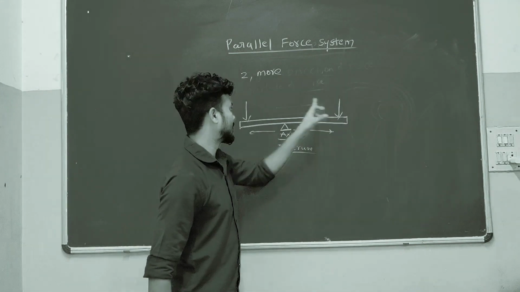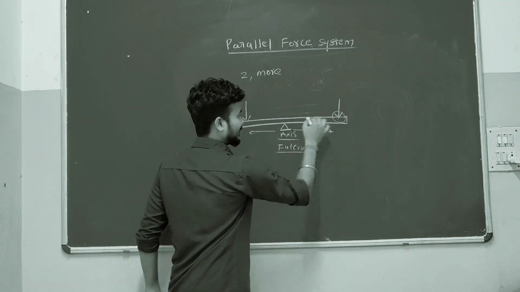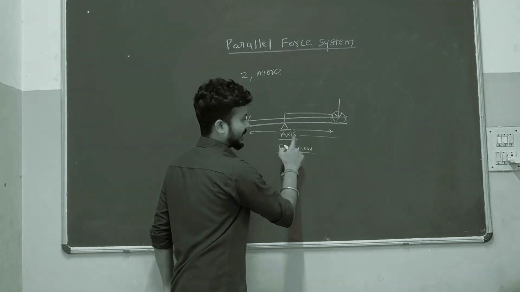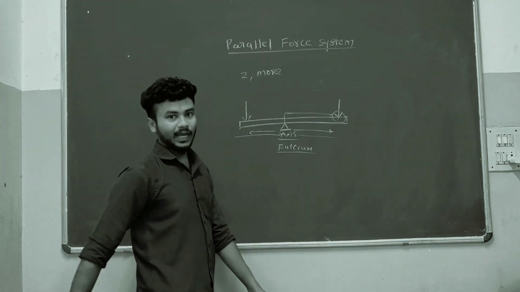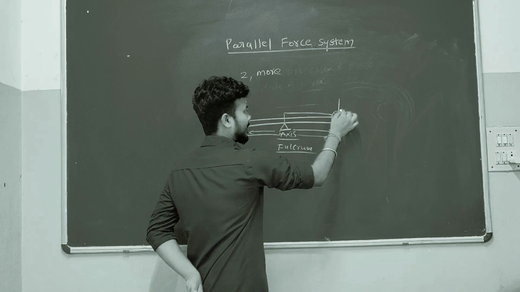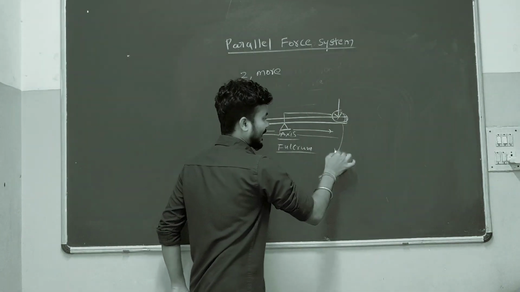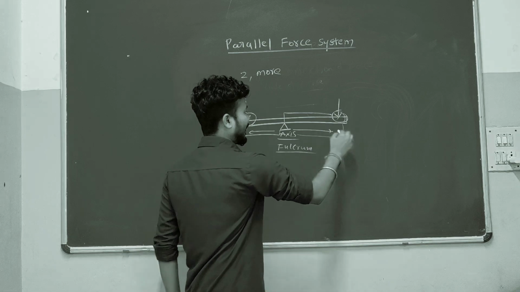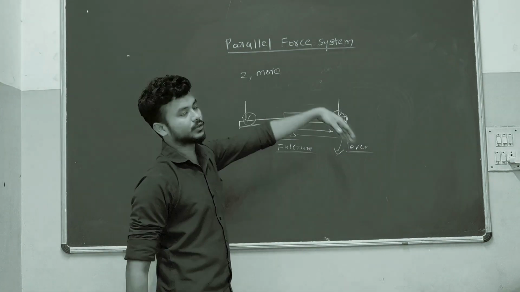Understand? This is the distance between these two forces, and this force is maintaining some distance from the axis, and this force is maintaining some distance from the axis. These two forces are able to rotate the lever. So then they will say that these forces are parallel forces.